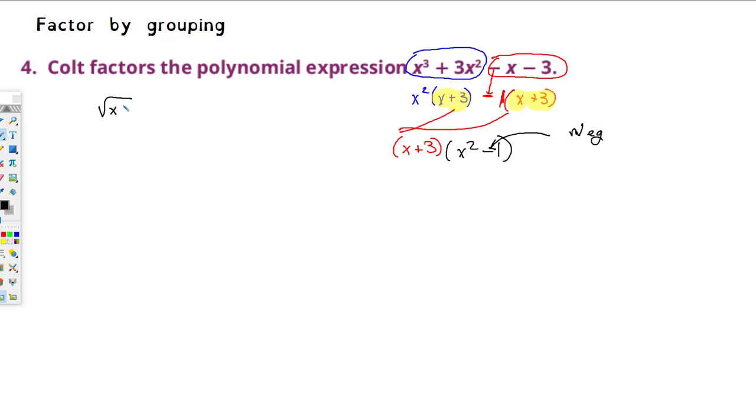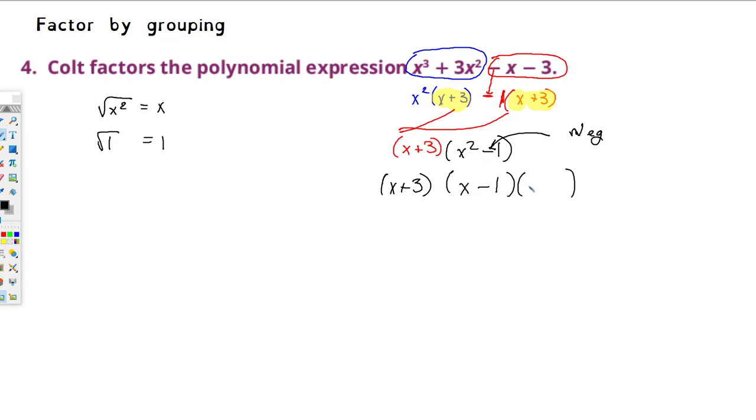We're going to see if we can take the square root of x squared. We can. Can we take the square root of 1? We can. So that means that that is a difference of squares, because you can take the square root of both of them.